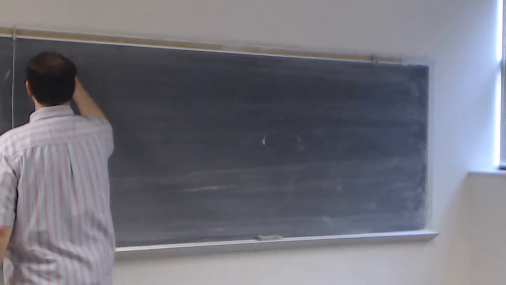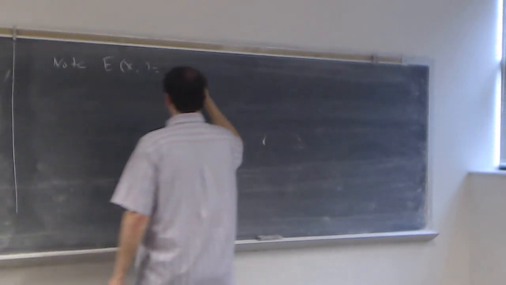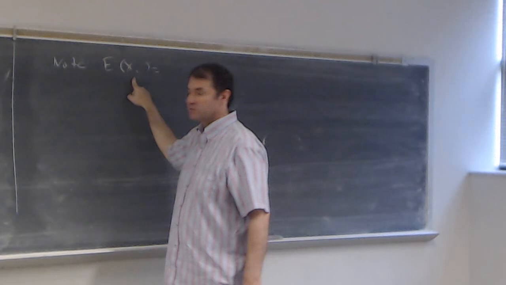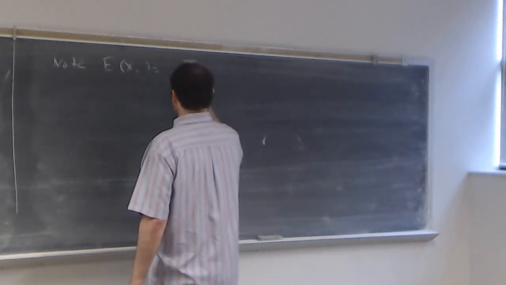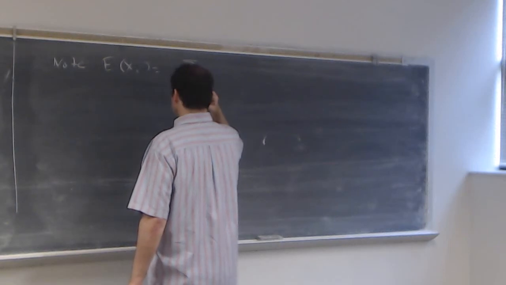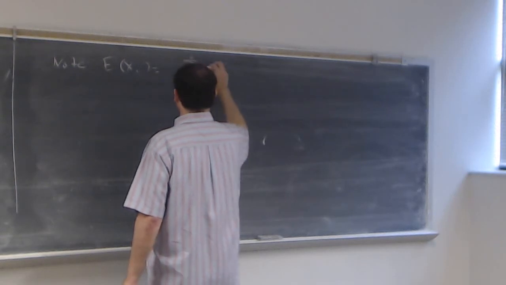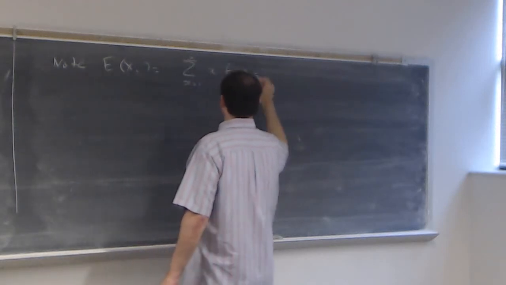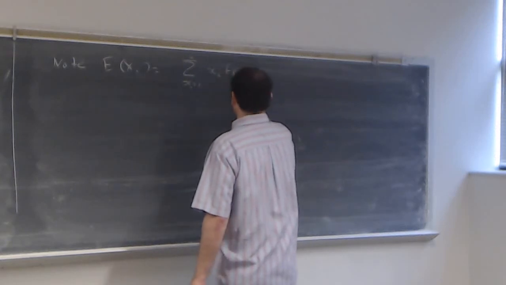So note, the expected value of X_i, well, this is a discrete random variable. Remember, X_i is the outcome, it's 1 through 6, one of those, each equally likely. This will be the sum as x runs from 1 to 6 of x times f(x).